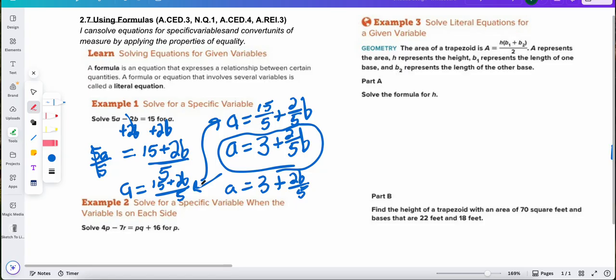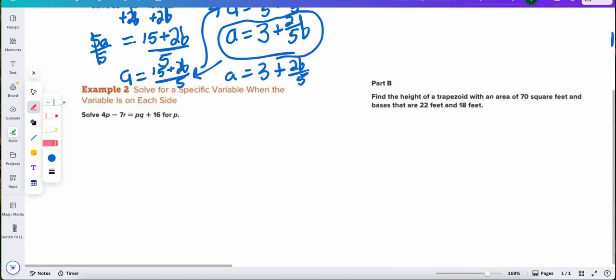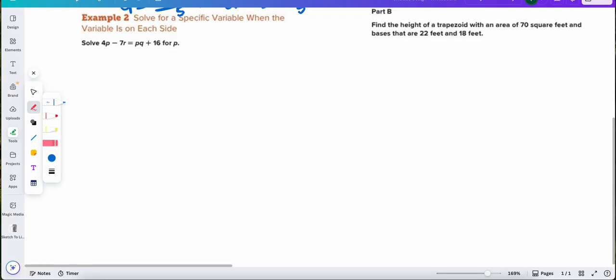Okay. So this next one, example 2, we have 4p minus 7r equals pq plus 16. And it wants us to solve for p. So the first step for us is going to be getting our p's to the same side.